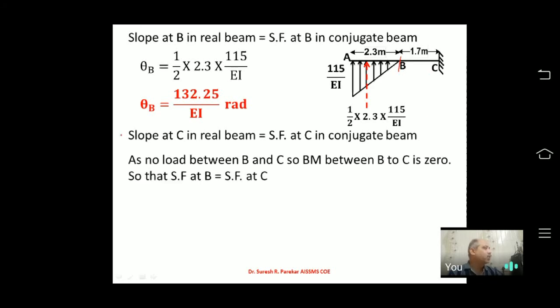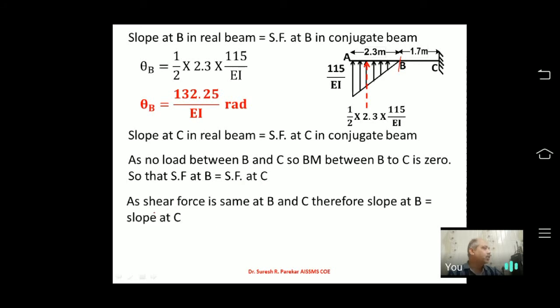You can see no load between B and C, so the bending moment between B and C is 0, so shear force at B equals shear force at C. So theta B equals theta C, which is 132.25 upon EI. Again shear force is positive, so theta will be clockwise.